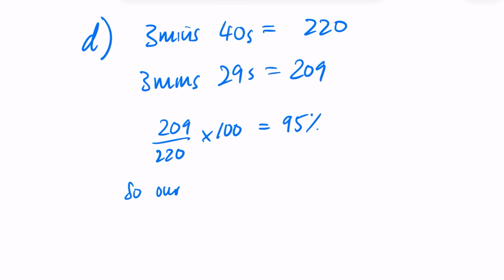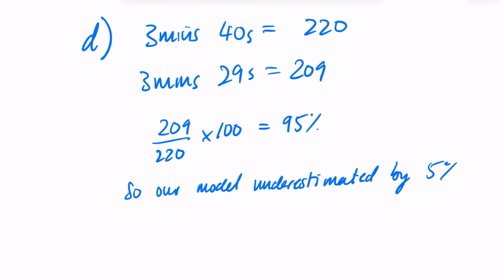So our model underestimated by 5%. Now, if you've seen any of my videos on stuff like this before, I generally say if it's within a 10% range, if it's 10% below or 10% above, then it's a pretty good model. Anything more than 10%, it's probably a bit too far away. So our model underestimated by 5%. This means it is fairly accurate, so it's a good model.